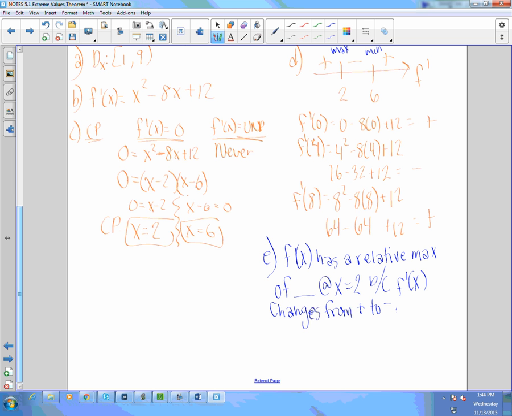Okay, Sammy, how do we find the value of that blank? We evaluate f of x with 2. So essentially we plug in 2 into f.